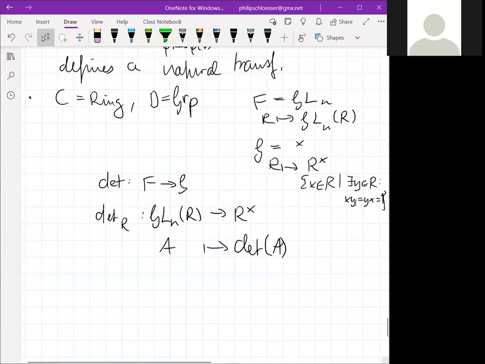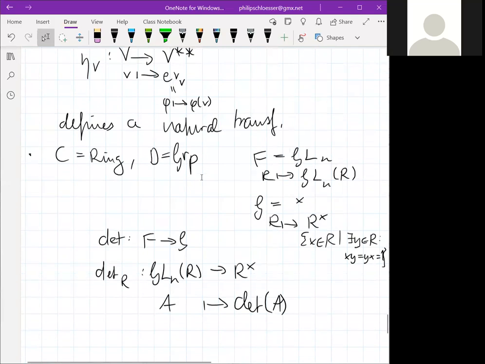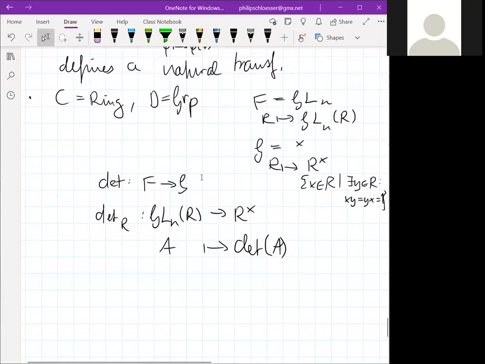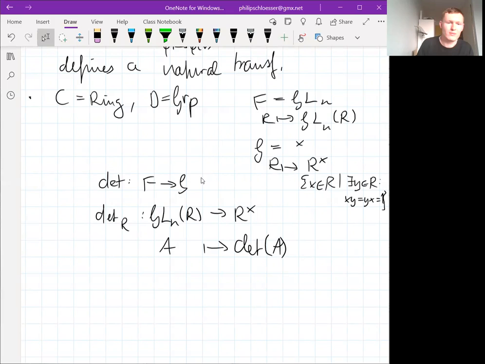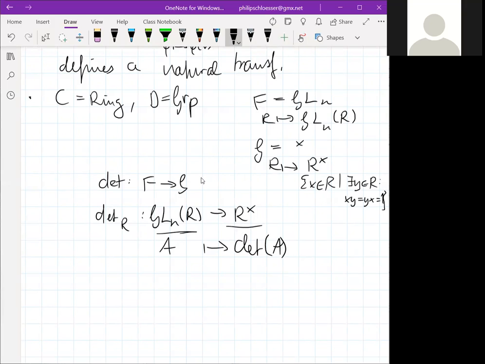Hi, so I also have a question. From this example, generally for the determinant, we don't need a group as such, right? Because it's just defined on GL_n of R or GL_n of C. I don't see why a group should be there. What exactly do you mean by a group is there? Do you mean GL_n(R) or R^x?